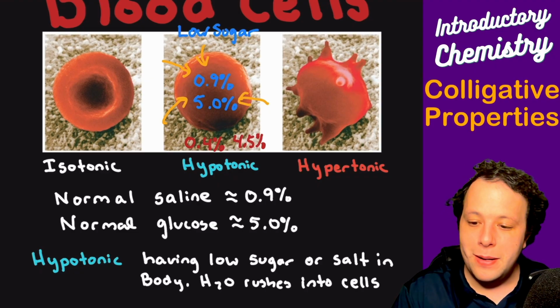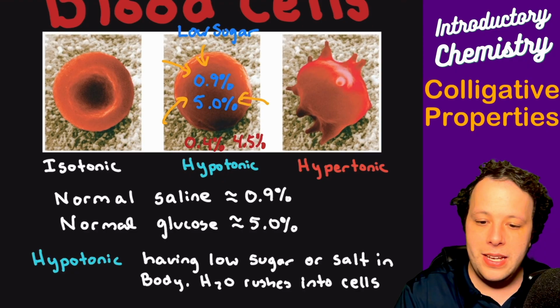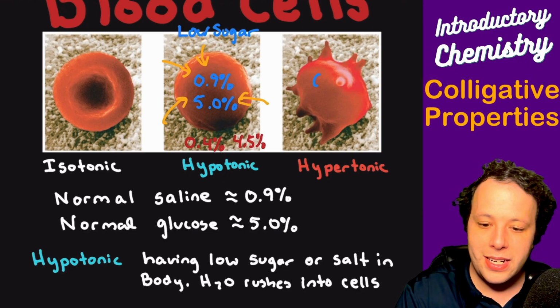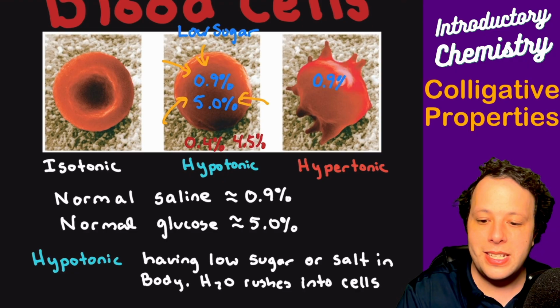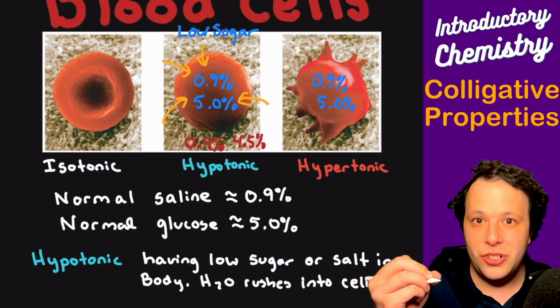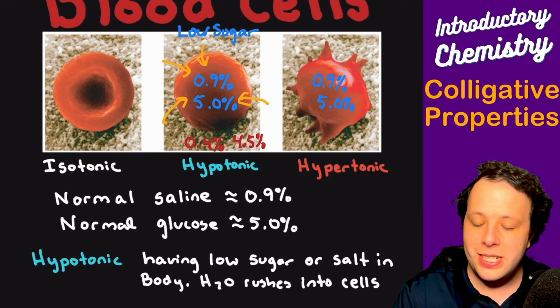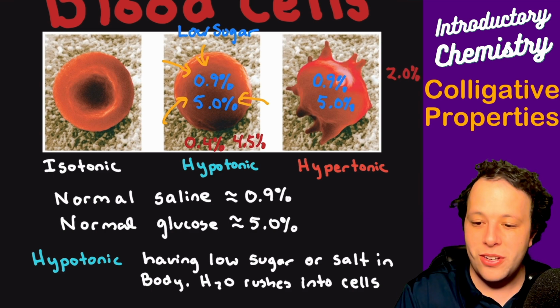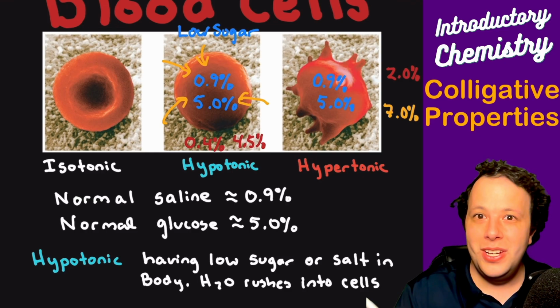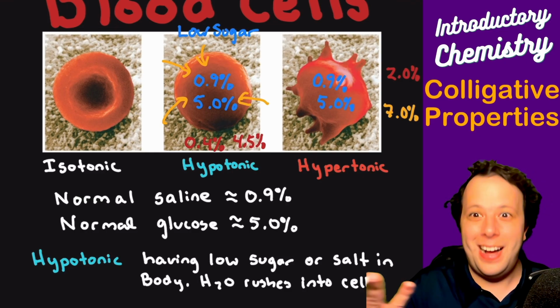Now, the other option is, let's say I have my cell, and on the inside of the cell is normal and everything's happy. So we have 0.9% and 5% for salt and sugar. Now, if the outside is, let's say you eat a lot of really salty foods and you have a lot of sugar and cake and all kinds of really good stuff, well, what's going to happen here is the opposite effect.